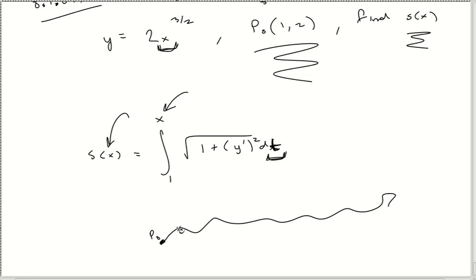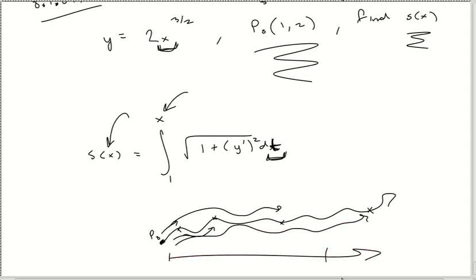But what if my x was right here? What if it was way over here? I want to find a function that'll give me the full arc length up to that point. So I just simply say, well, where's my ending point? Right there. And it gives me the exact answer by just plugging it in. Okay? That's the goal here.